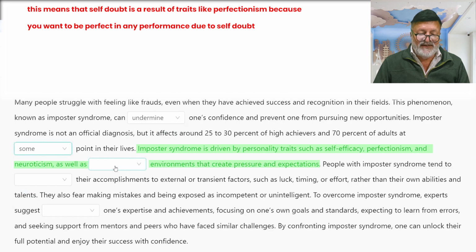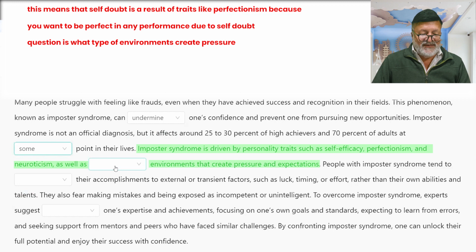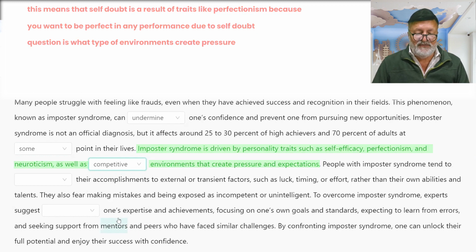Now the main question is, what type of environments create pressure? The choices are deluded, penitent, innate, and competitive. Here the answer is simply competitive because competitive environments create pressure. Please notice that in this case, I have got the main clue from what is written after the blank.